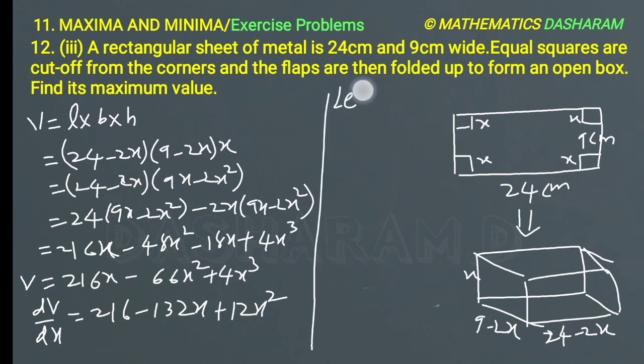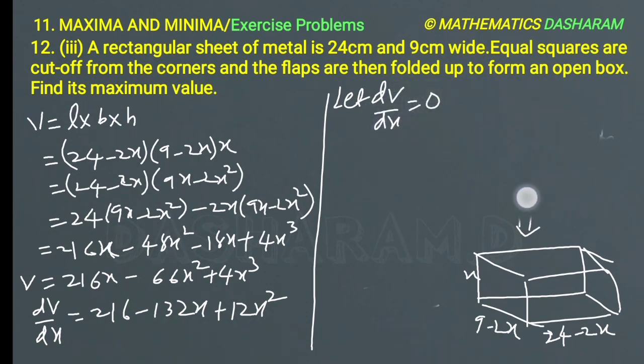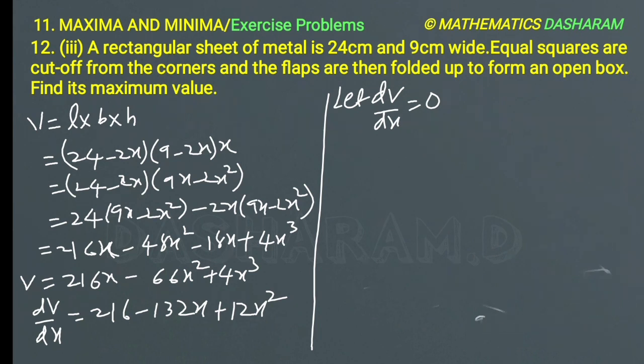Let's equate dV by dx to 0. So 216 minus 132x plus 12x square equals 0.